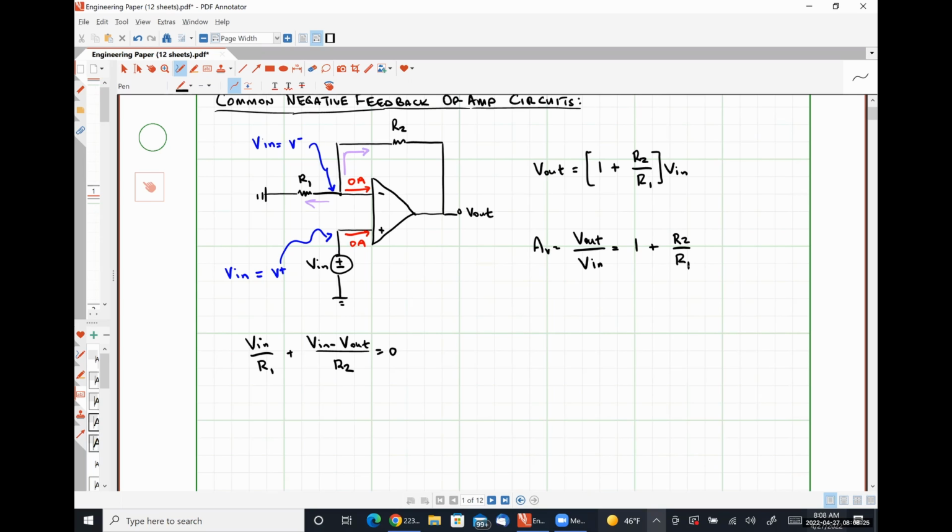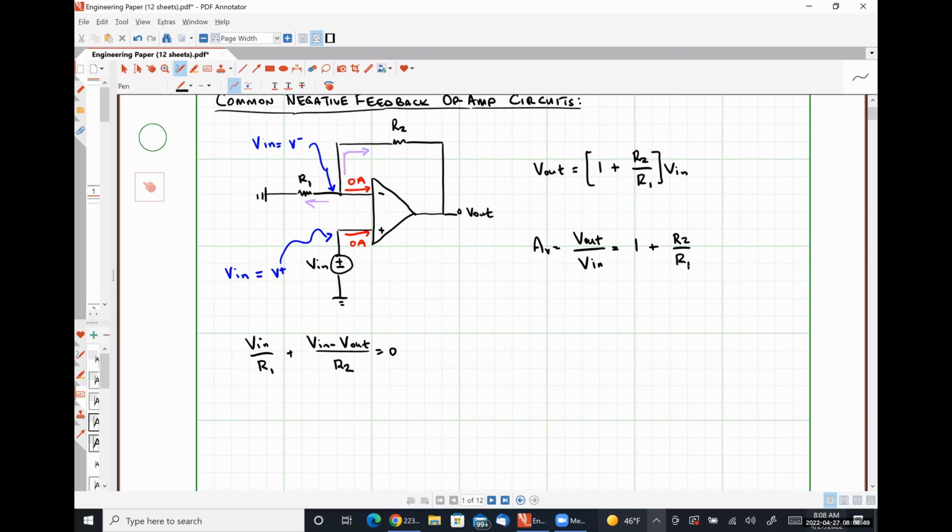If we look at its voltage gain, AV will always be a positive quantity that is greater than or equal to 1, right? And we can determine how much larger than 1 it is by choosing the right ratio of resistances to bias our circuit.